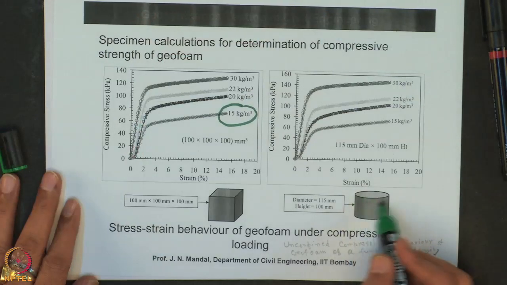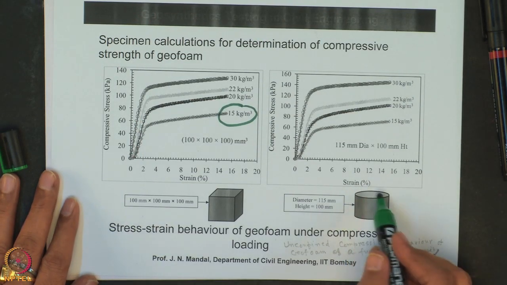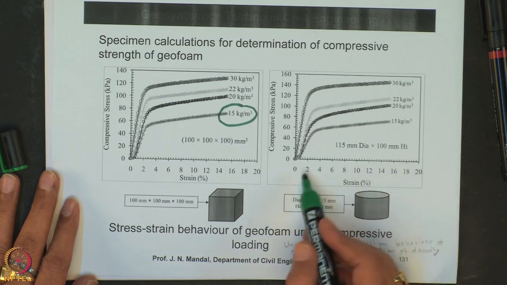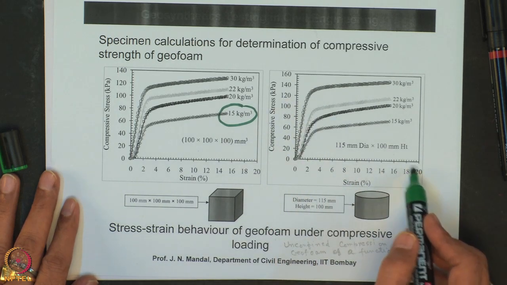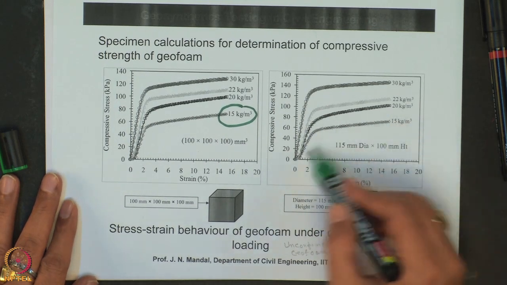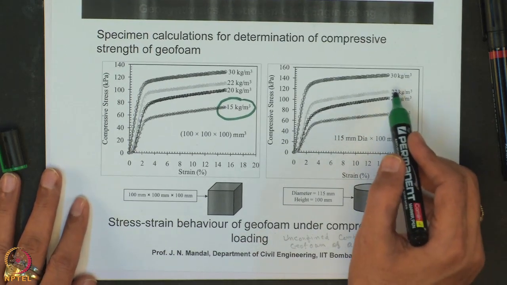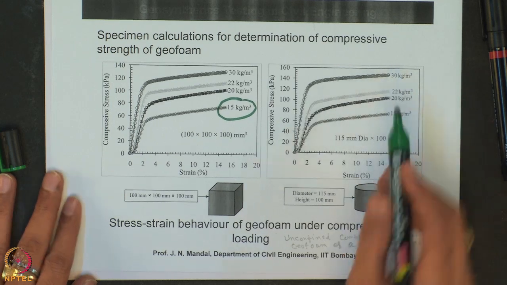You can also determine the modulus of the geoform, knowing the value of the compressive stress and the strain. Alternatively, you can also perform the test in cylindrical form. Here I am showing you some results where the diameter is 150 millimeter and the height of the sample is 100 millimeter. This is the compressive stress versus strain relation for the cylindrical geoform sample, under different densities of the geoform: 15, 20, 22 and 30 kg per meter cube.